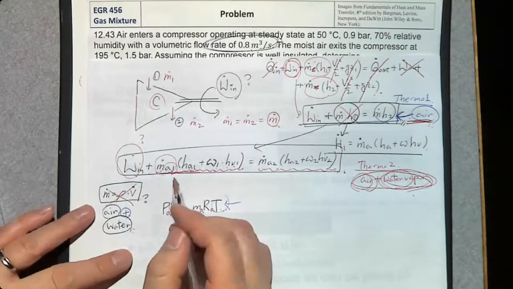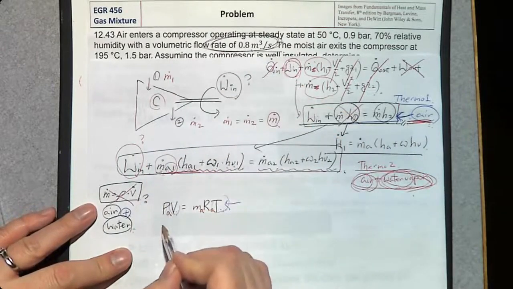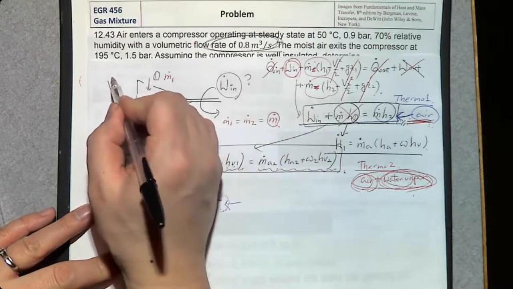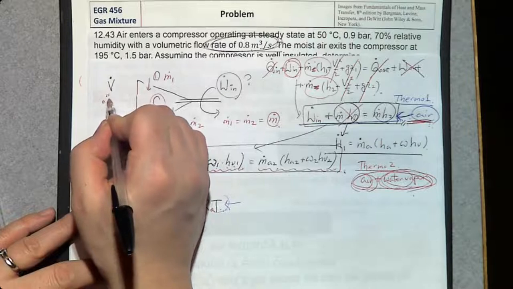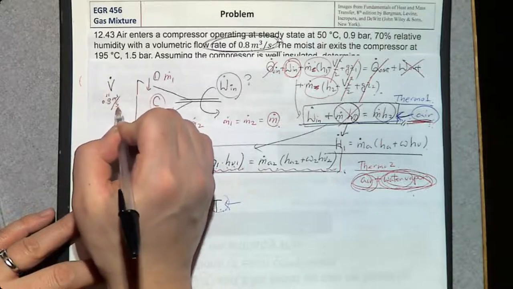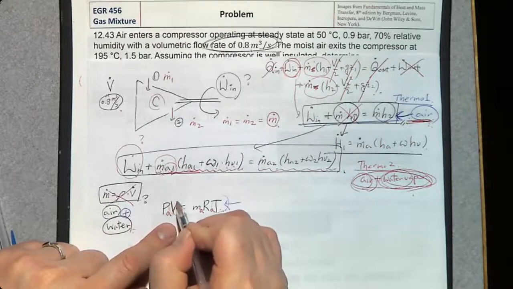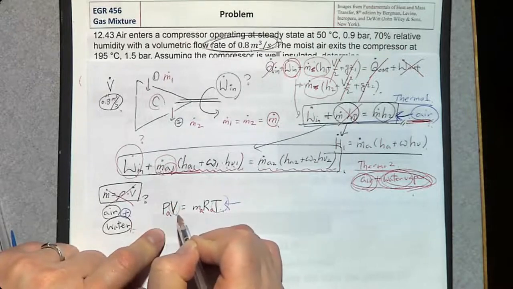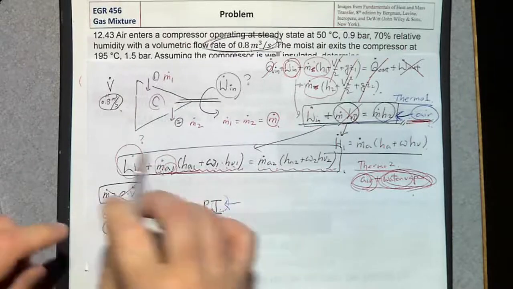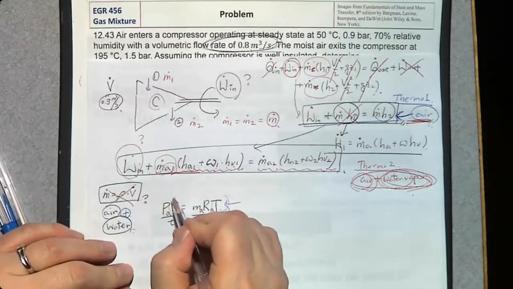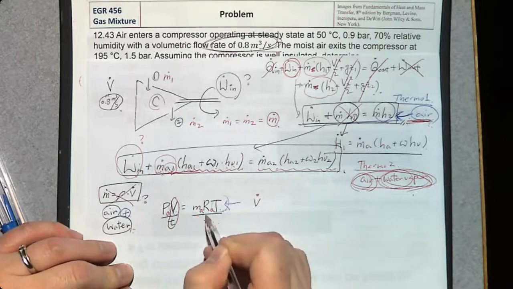By the way, we know the volumetric flow rate, V dot. It is 0.8 cubic meters per second. So where's the V dot? We don't have it. However, we have a V. So then you can divide each term by time t. Then V over time is going to be V dot.